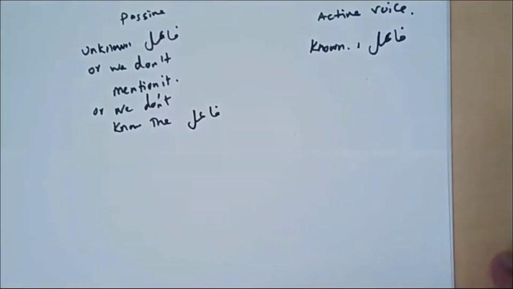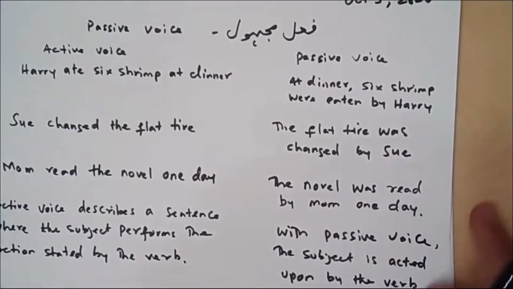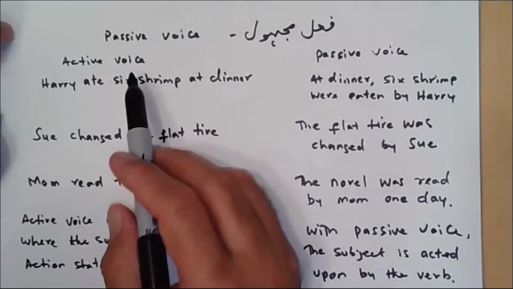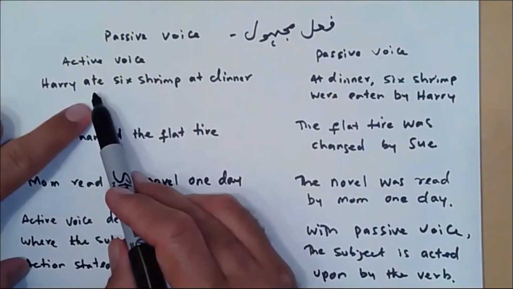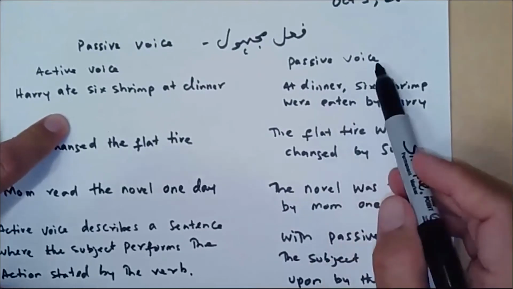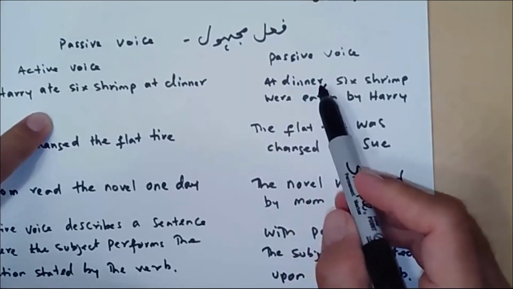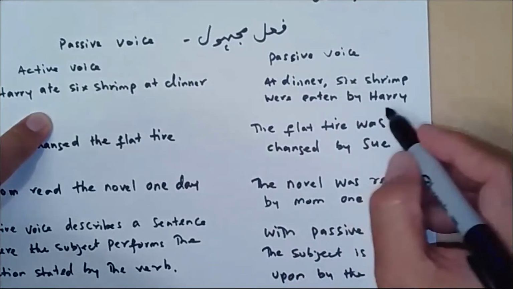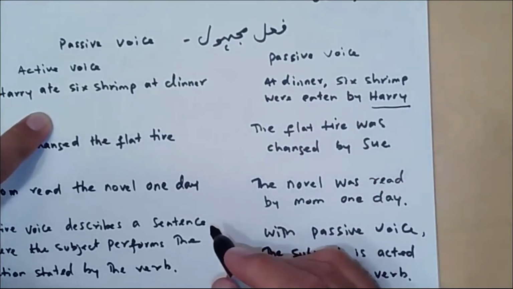Okay. So if you remember from your previous slide, how was the example? The active voice was Harry ate 6 shrimps at dinner. When you make it a passive voice in English, you say at dinner, 6 shrimp were eaten by Harry. Is the fa'il still mentioned here?